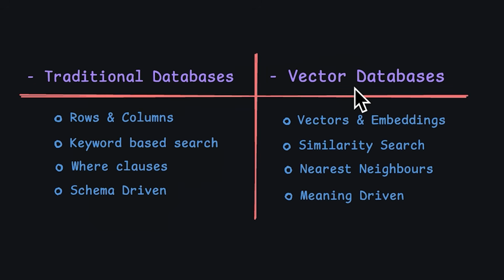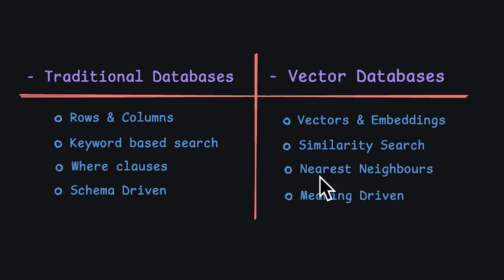Whereas the vector databases can store vectors and embeddings. What are vectors and embeddings? We'll cover in the later lectures, right? And so vector databases can store these vectors and embeddings. It can perform similarity search, again a new jargon which we will cover later. What is a similarity search? And it uses nearest neighbor search algorithms, again something we will cover later on.